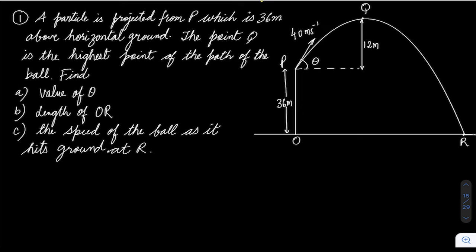A particle is projected from P, which is at 36 meter above horizontal ground. The point Q is the highest point of the path of the ball. Find the value of theta, length of OR, and speed of the ball as it hits the ground at R. So the particle is projected from P, it reaches the highest point at Q and then it hits the ground at point R. The initial velocity with which it is projected is 40 meter per second at an angle of theta with horizontal.